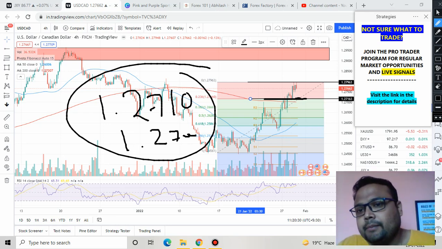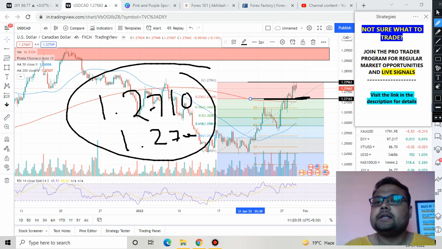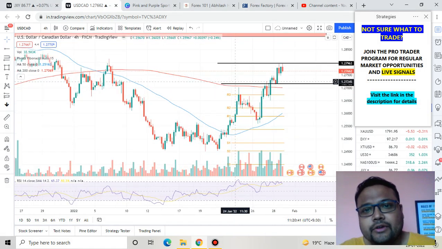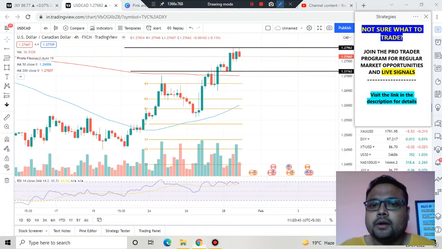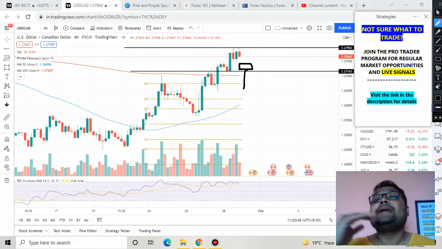When the market comes down to this level, watch how the market is doing. If you see that the market is bouncing, you can go for a buy. You can consider it a retracement. And if you see a proper bounce in the form of a hammer, if you see price respecting the level, you can take a buy.